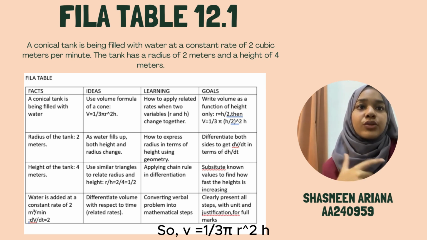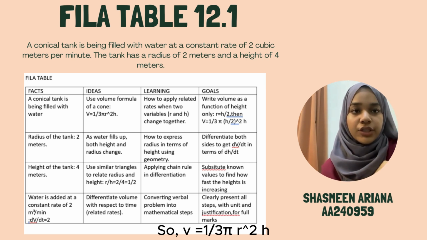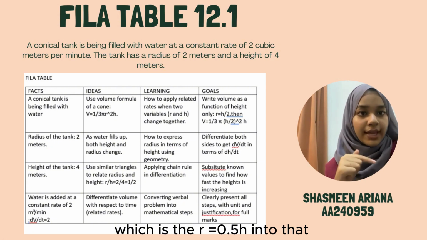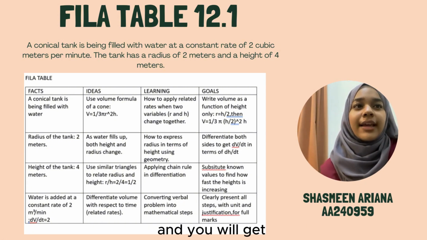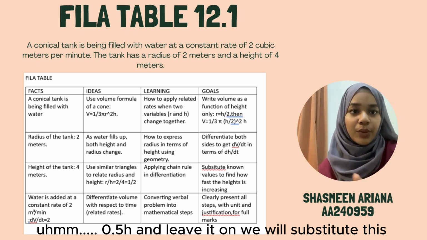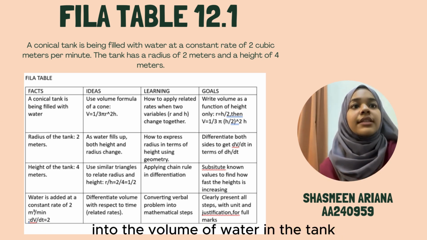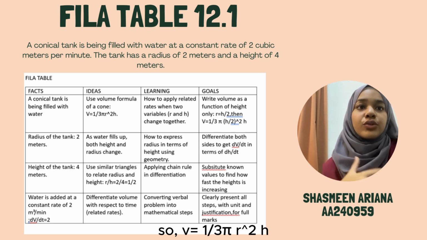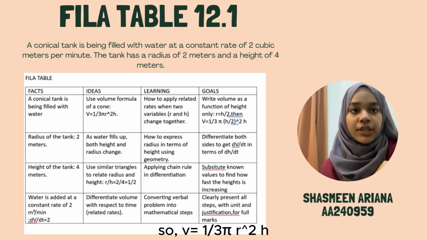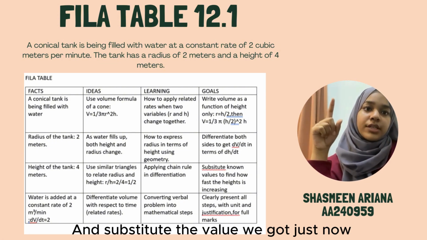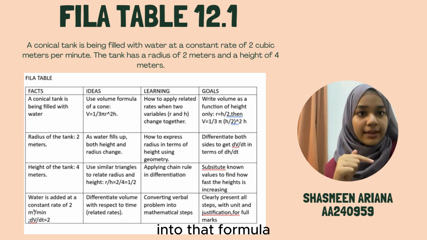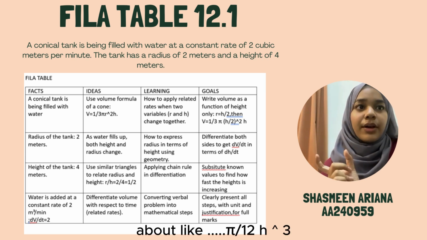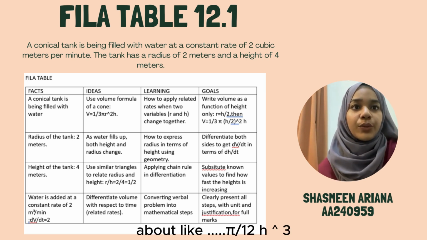So V equals 1/3 pi r squared h, and we substitute the value that we got just now, r equals 0.5 h, into that formula, and you would get the answer pi/12 h cubed.